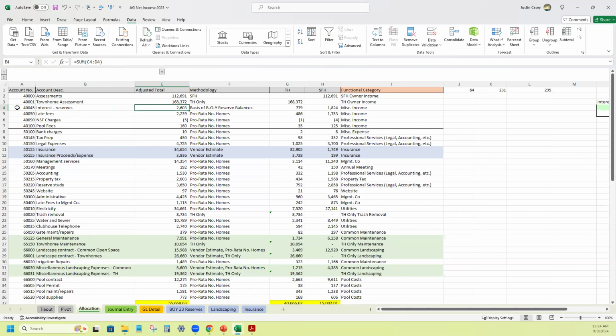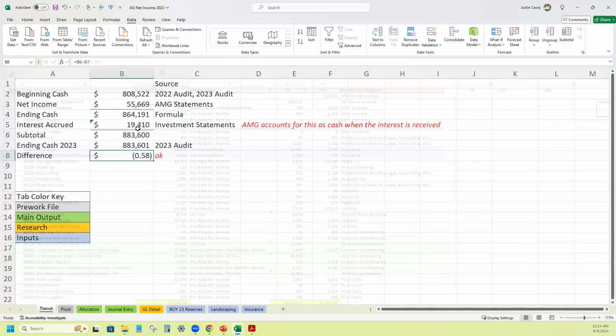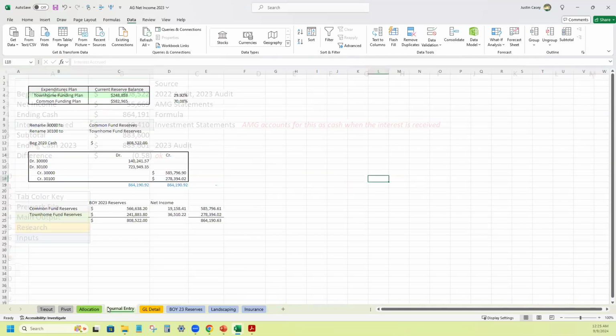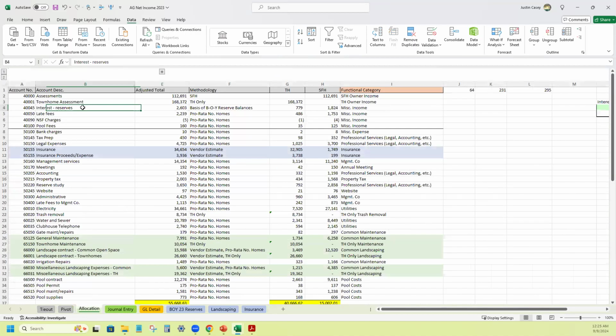So this $2,600 that you see here is the cash upon the former CDs that matured in 2023. But the interest accrued of 19,000 from the first video is not run through the income statement until that cash is received, and we did receive a lot of that cash.